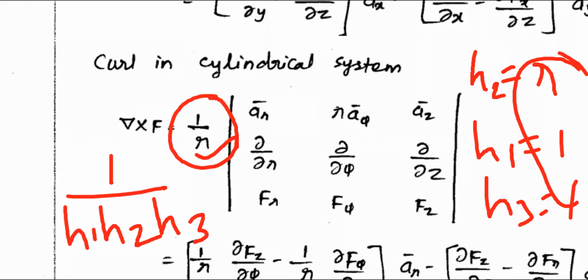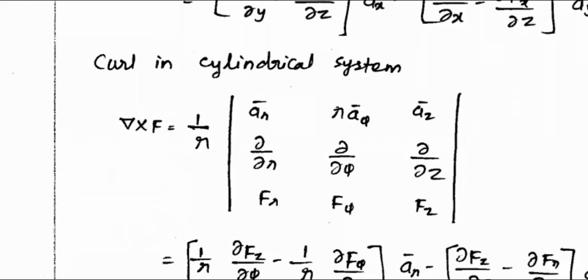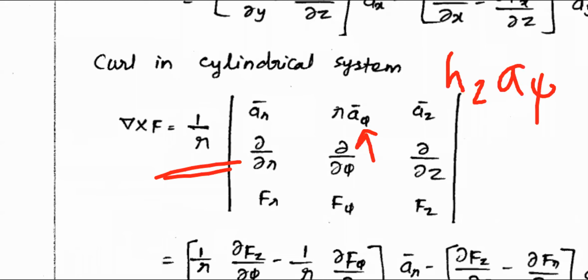Again here we have 1 by h1 h2 h3. This is common, so we have written h1, h2, h3. But the term related with a phi is different, so instead of writing a phi, you have to write h2 a phi.